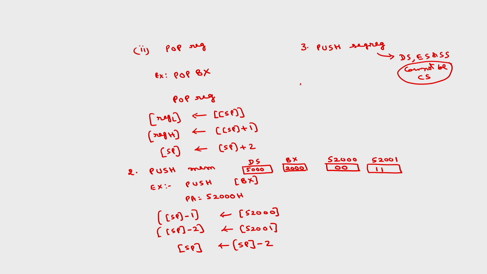Similar operation, suppose if I take the example, push SS. If the contents of SS is FF00, then the higher order which is FF will be transferred to the contents of SP minus 1. This contents becomes FF, contents of SP minus 2 becomes 00, SP becomes SP minus 2.